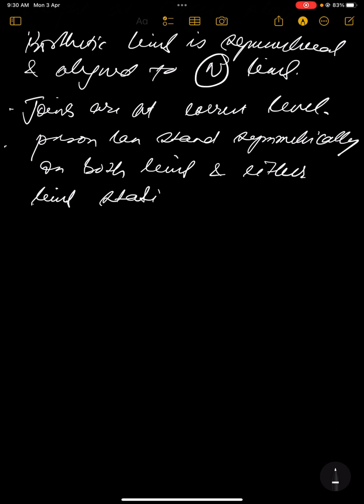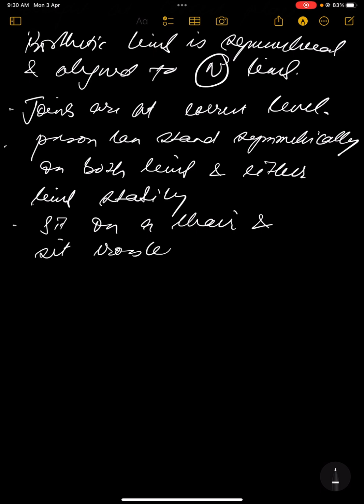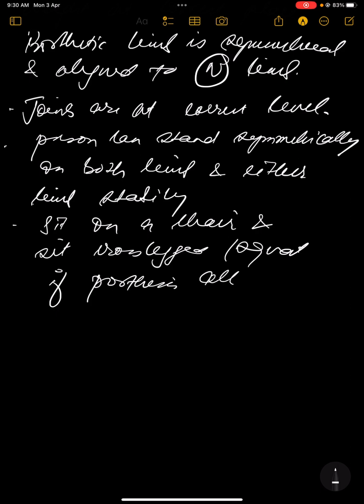See that he can sit on a chair, sit cross-legged or squat if the prosthesis allows it. Then see the patient while he is walking.